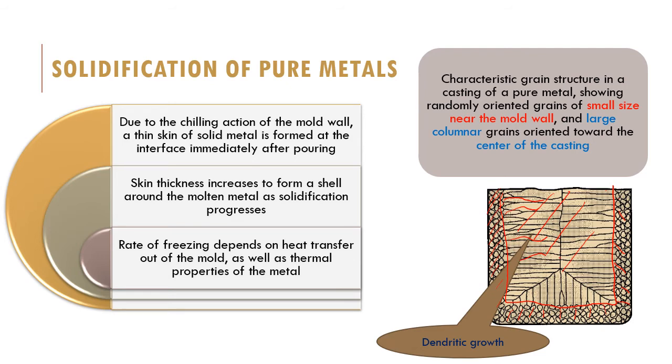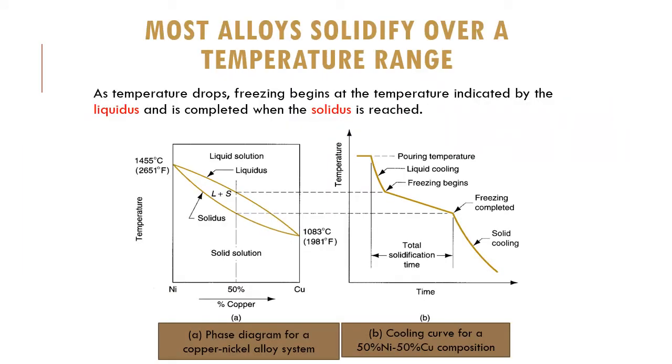For the alloy, the solidification will be a little bit different. As temperature drops, freezing will begin at the temperature indicated by the liquidus, and it completes when the solidus is reached. If we look at the phase diagram of the alloy, freezing will begin in this area.